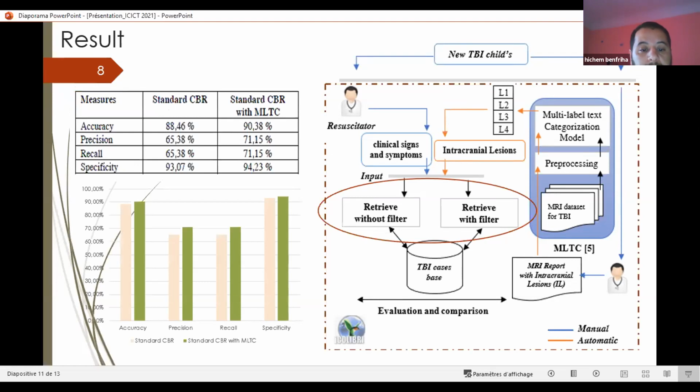According to the result table, using the MLTC framework improves the performance of the traditional CBR methodology in terms of accuracy, precision, recall, and specificity. We note that using the MLTC framework to identify the cerebral lesion gives better performance for predicting physical gesture in child TB healthcare.